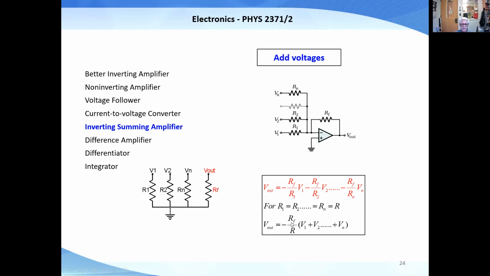So if the gain is minus 10, then it's just minus 10 times the sum of these voltages. If you wanted just the sum of the voltages to be V out, then you'd make RF equal to R, have a gain of minus 1.